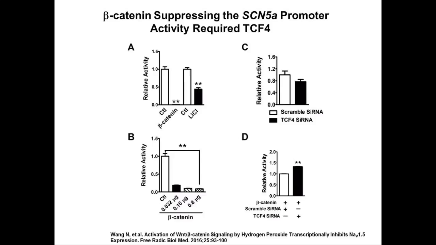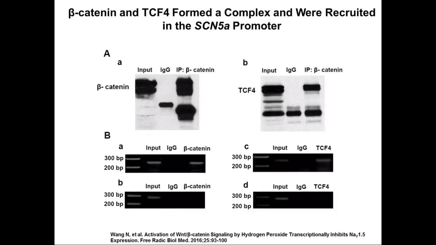As you can see, sodium channel promoter activity is significantly depressed by beta-catenin overexpression. As you know, lithium chloride is an inhibitor of GSK3 beta. After inhibition of this kinase, beta-catenin probably increases and then suppresses the channel's activity, indicating beta-catenin may be involved in the regulation of sodium channel expression.